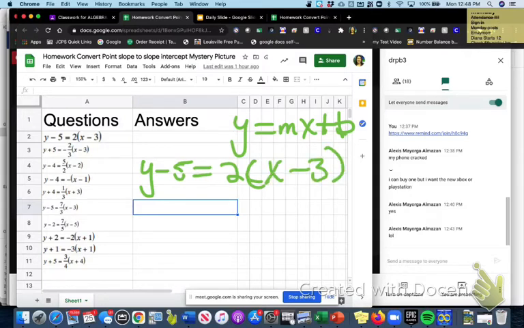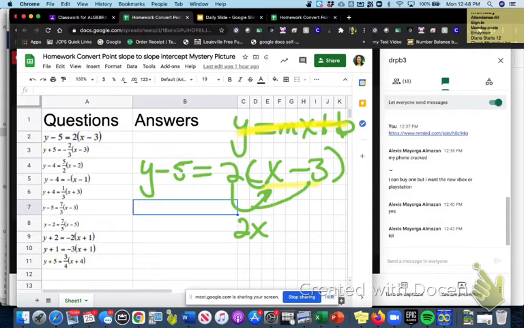And the first thing I notice is that the slope-intercept form, what we want it to be, doesn't have parentheses. So that is why I'm taking that outside number and I'm multiplying it by the first number inside. So 2 times x is going to be 2x.